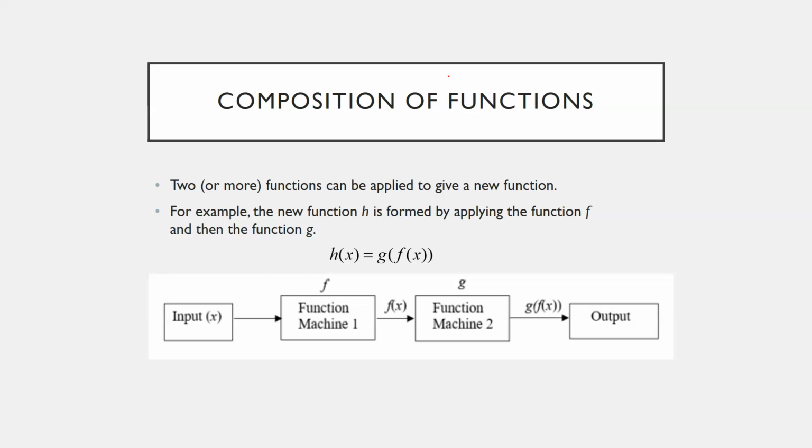This gives us the output of f of x, which now becomes the input of our second function machine, g. This gives an output of g of f of x, where f of x was the input. And then that's our output.